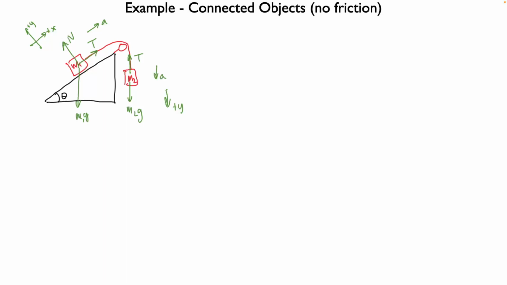Why? Okay, let me show you why. For mass number 2, there's only one direction, right? The y direction. So in the y direction for mass number 2, what do I write? How do I start Newton's second law? I write m times a, and then I add up the forces. How many forces are there? 2.